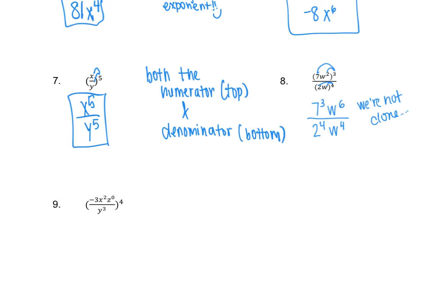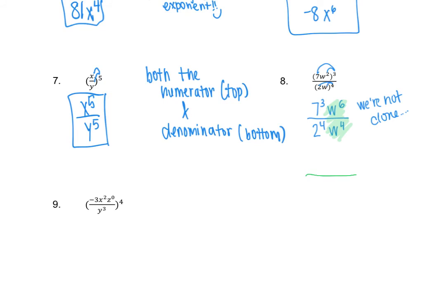We have to keep simplifying because we don't have just one letter, right? Look, we're not done there. And we really don't know what these numbers are. 7 to the third, 2 to the fourth. So we have to keep going. So 2 to the fourth, 2 times 2 times 2 times 2.